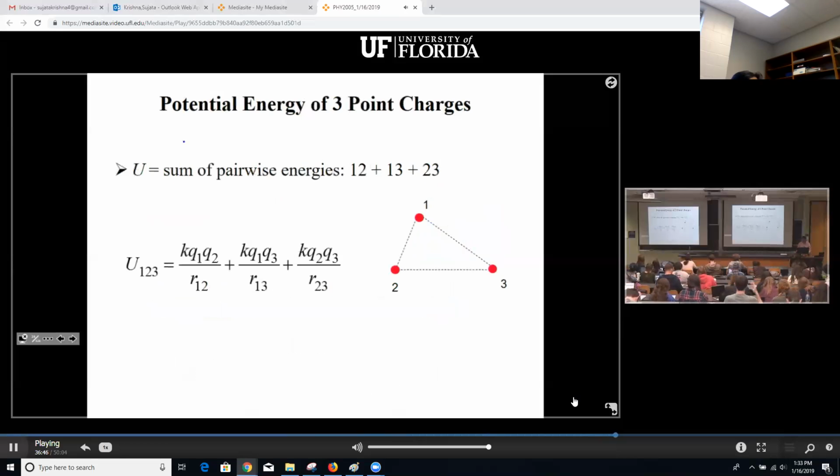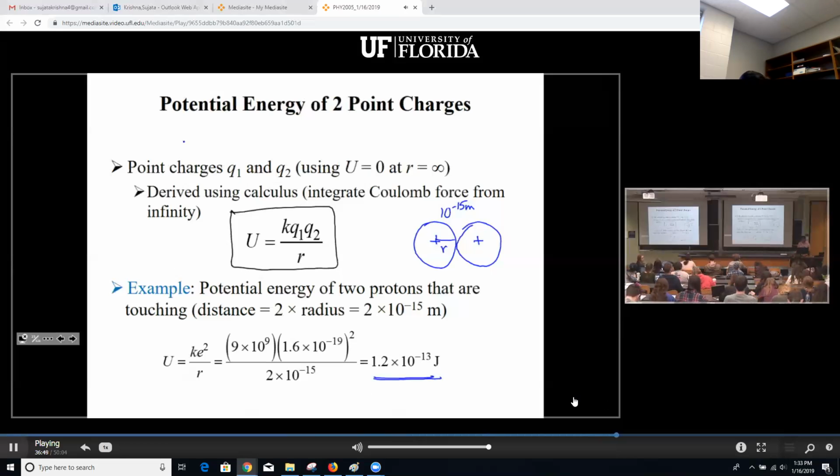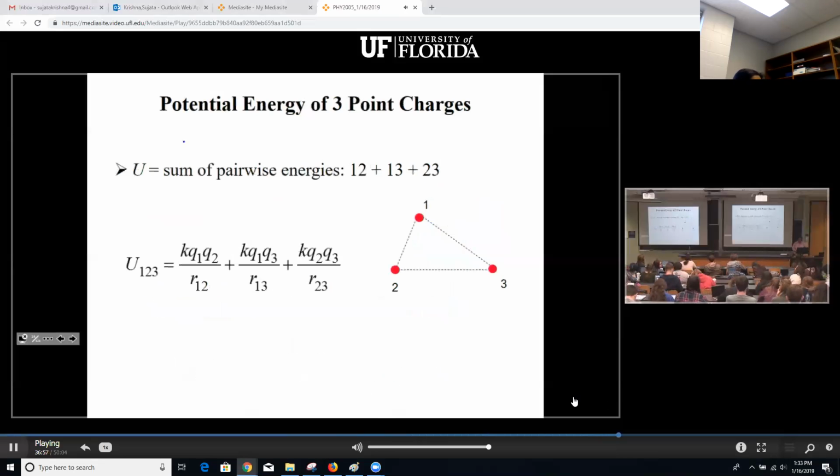Okay, now let's consider that we have more than 2 charges. So this was for 2 charges, but what happens if you take 3 charges, let's say, and you join them up in the form of this triangle. Let's say that we have equal amounts of charge, Q1, Q2, Q3, all equal Q. Then to find the energy of this configuration of charges, what does that mean?